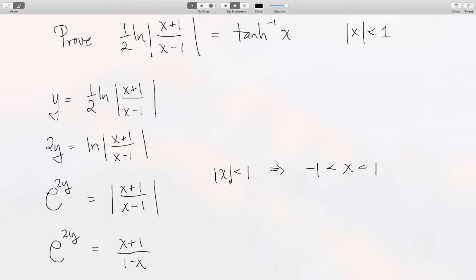If I multiply all parts of the inequalities by a negative, then I have 1 greater than minus x greater than negative 1, and then I can add 1 to all parts, so that becomes 2 greater than 1 minus x, which is greater than 0. So I can see that this 1 minus x quantity is between 0 and 2, and so that's how I can drop the absolute value.